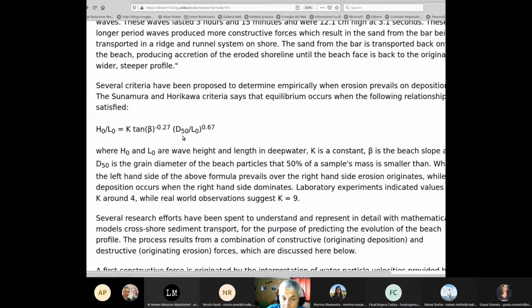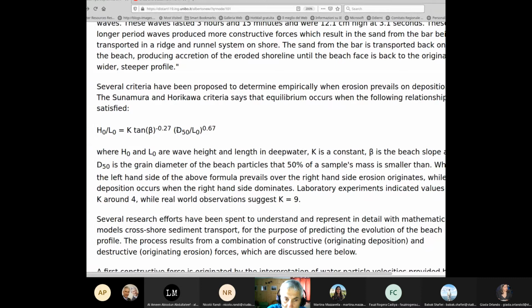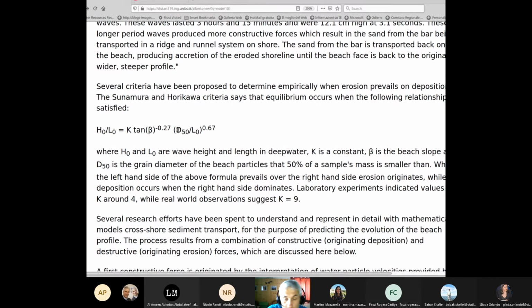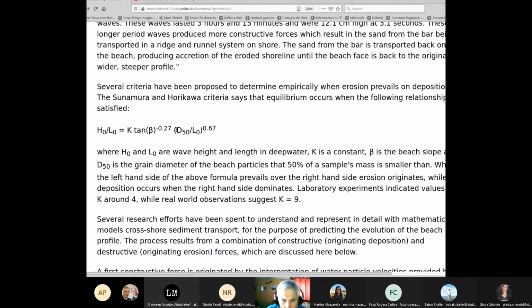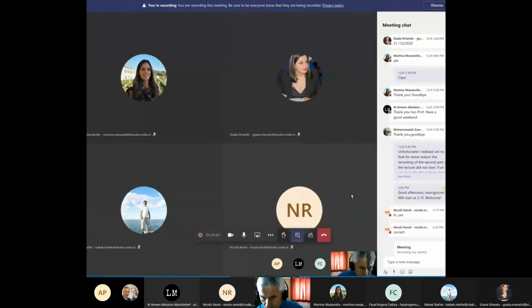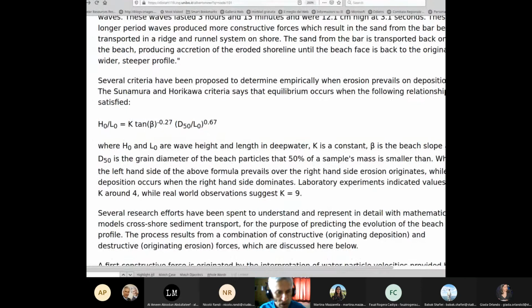I think you understand what D50 means, because I'm sure that you already discussed the ways and the methods we can use to characterize the size of sediments. So I think you already know what D50 is. If you have any doubt, just write on the chat or let me know. And just let me check if, yeah, nothing in the chat, okay.